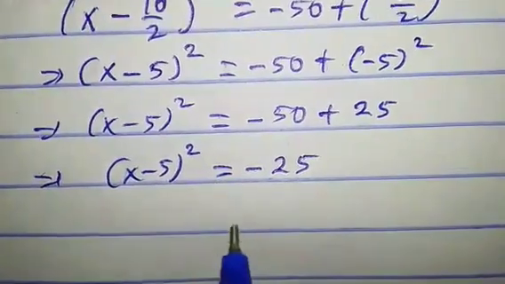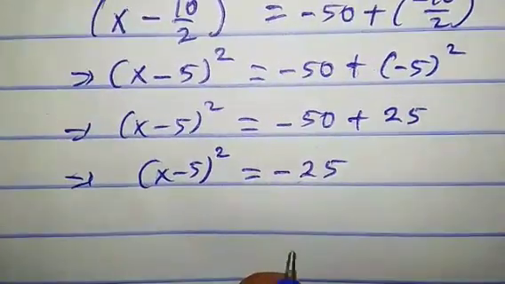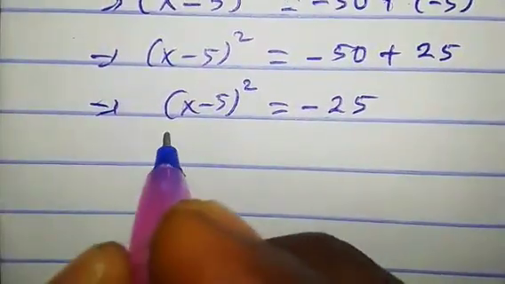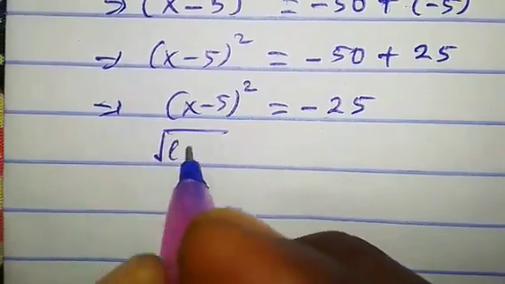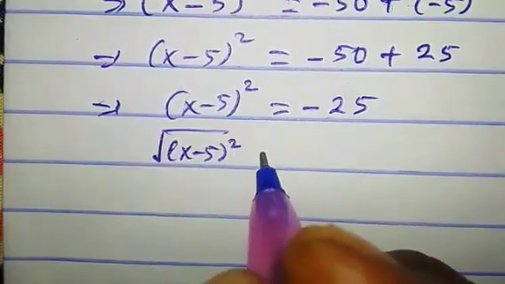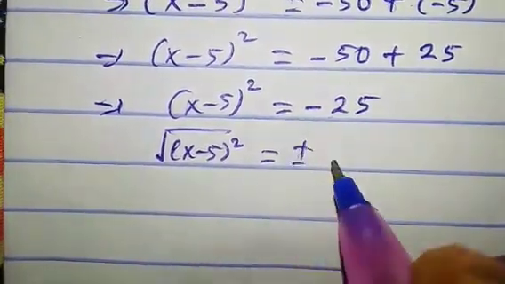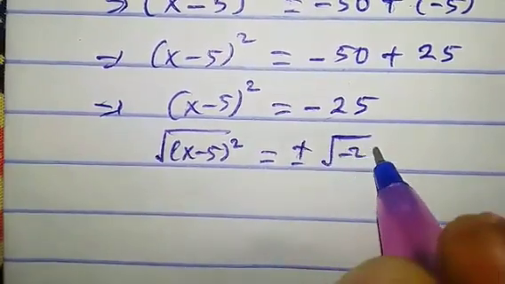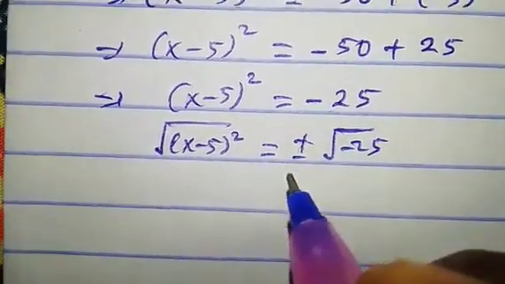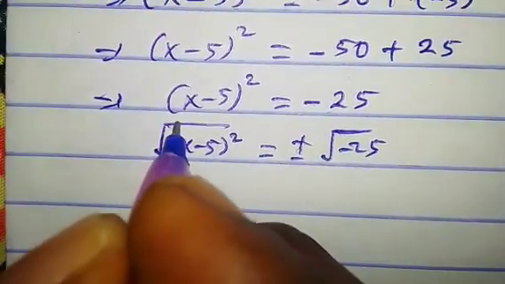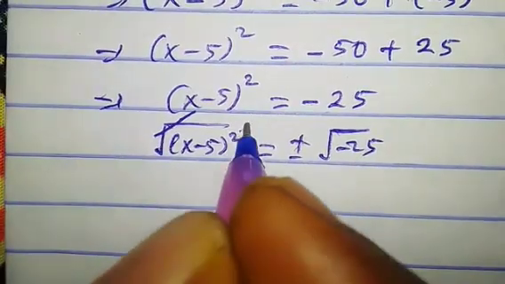Now, let us take the square root of both sides. So that will be the square root of (x − 5)^2 equal to plus or minus the square root of −25. Clearly, this square root cancels out this power.